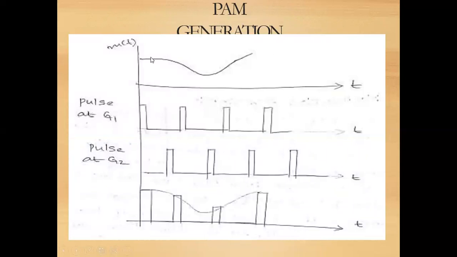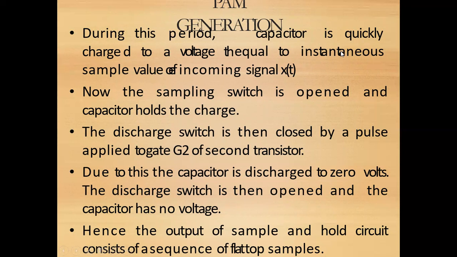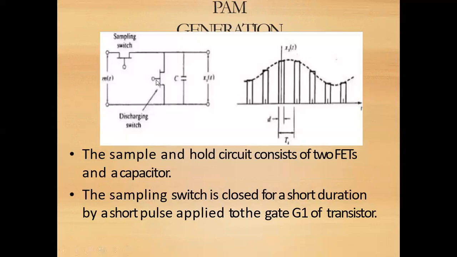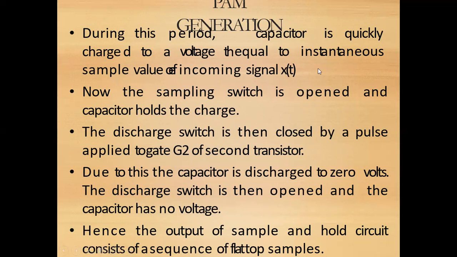Then the sampling switch is opened due to the input negative half cycle, and the capacitor holds the charge. Now the discharge switch is closed by a pulse applied to gate G2 of the second transistor. Due to this, the capacitor will be discharged to 0.